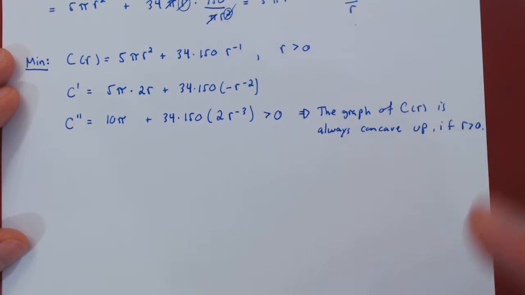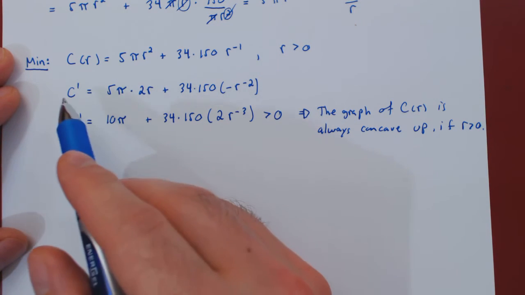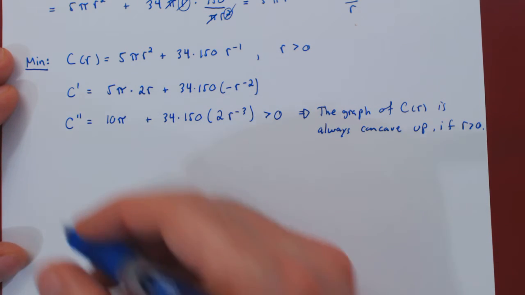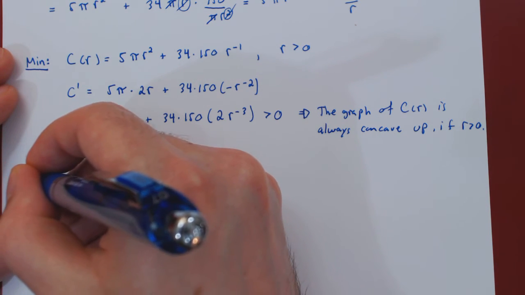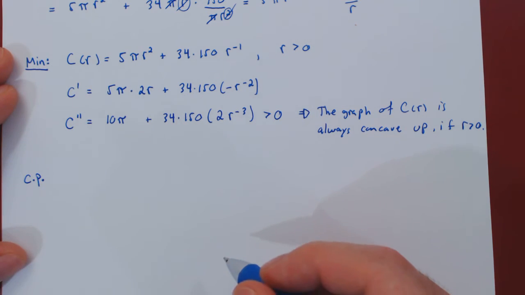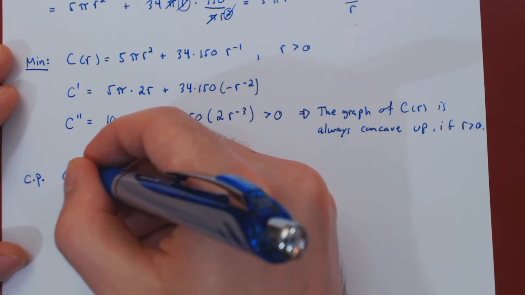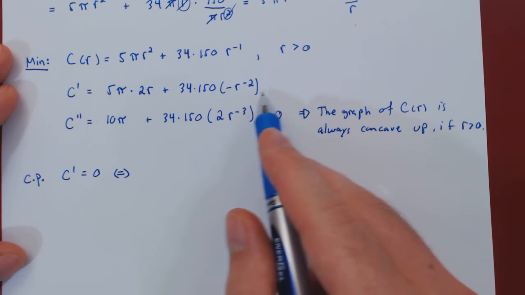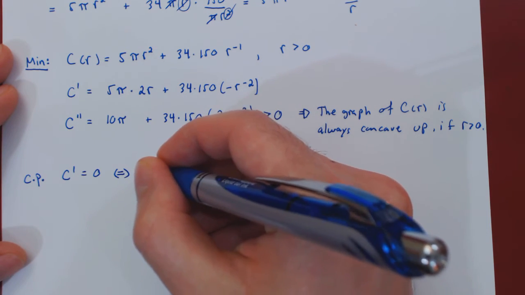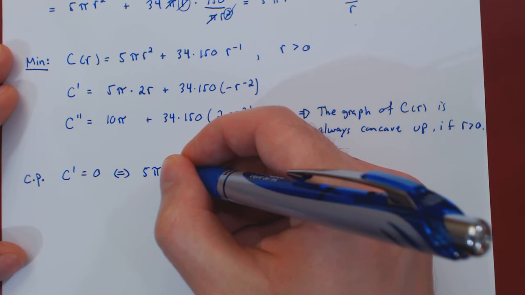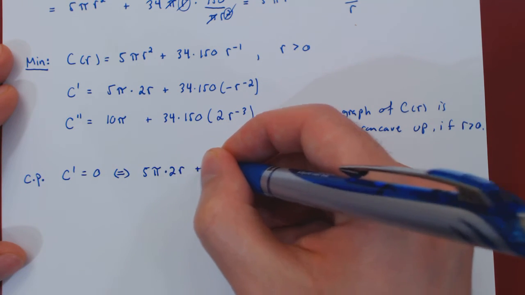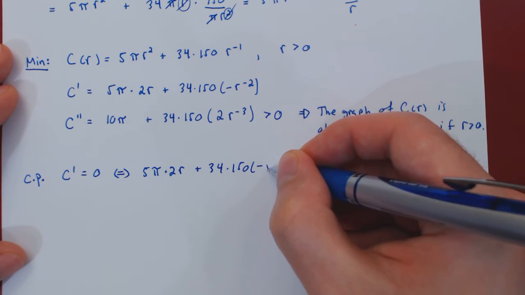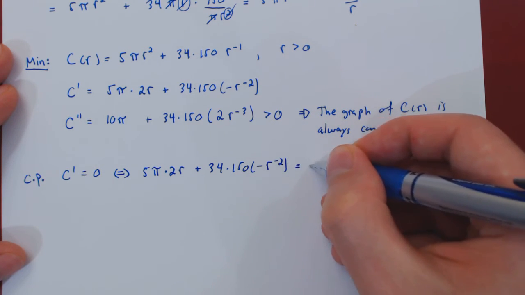Now if there is a minimum, it will have to occur at a critical point, so a point where the derivative is 0. So we want to solve for this. The derivative will be 0 if and only if 5 pi times 2r plus 34 times 150 times negative r to the negative 2 is equal to 0.